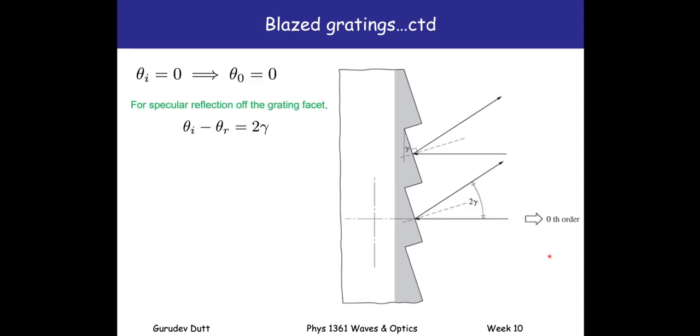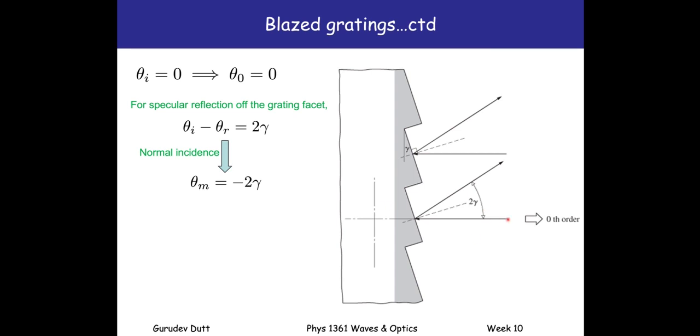For that specular reflection of the grating facet, theta I minus theta R equals 2 gamma. Since theta I equals 0 in this case, the normal incidence, this is what I've done here. We are measuring with respect to the normal to the grating. The theta m, the angle relative to that grating normal, is going to be minus 2 gamma. The minus sign is just due to the fact that they are all on the same side of the normal.